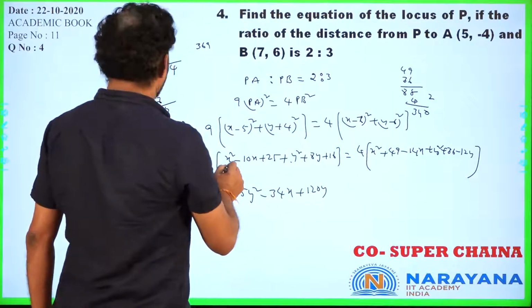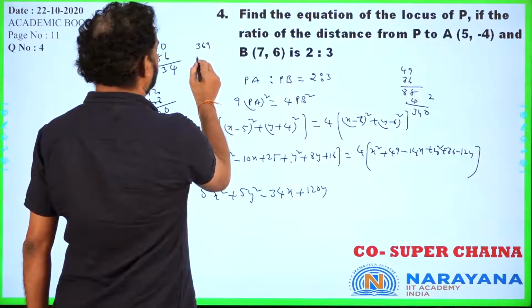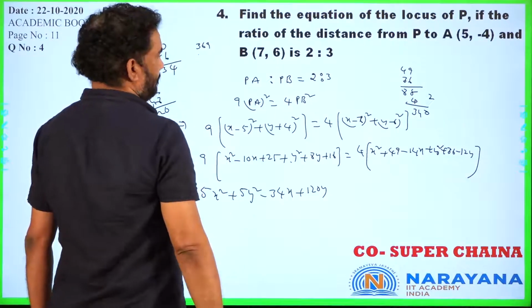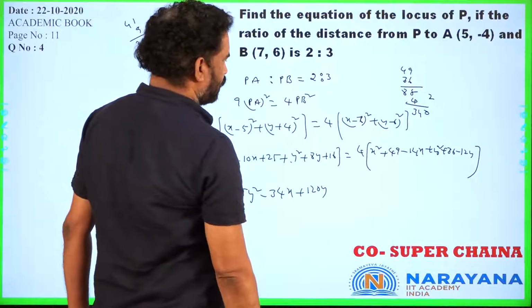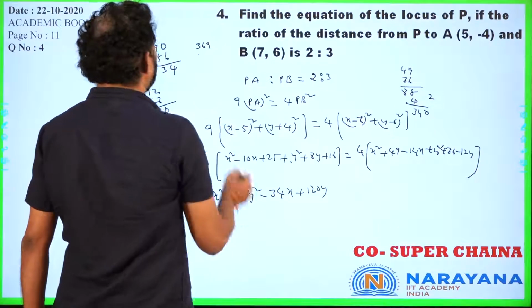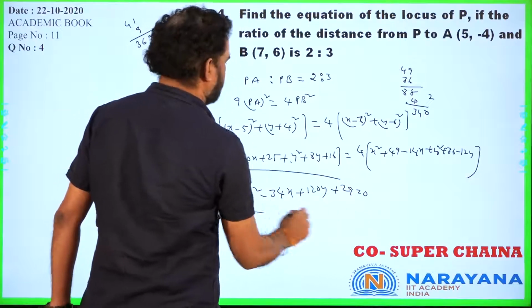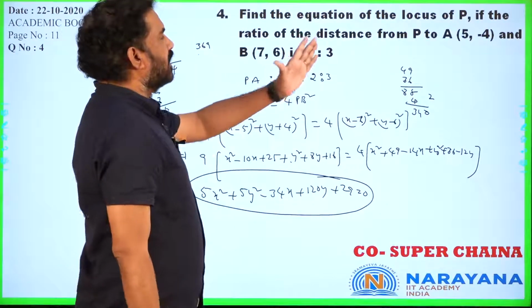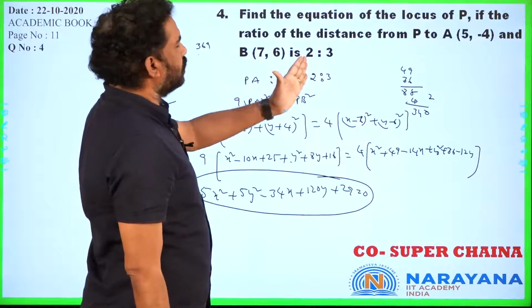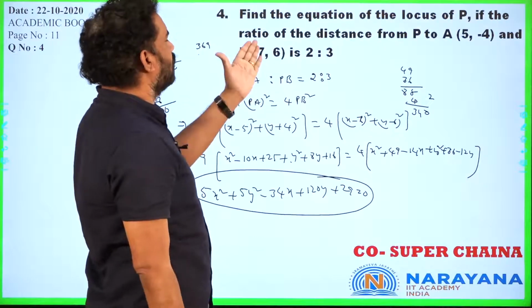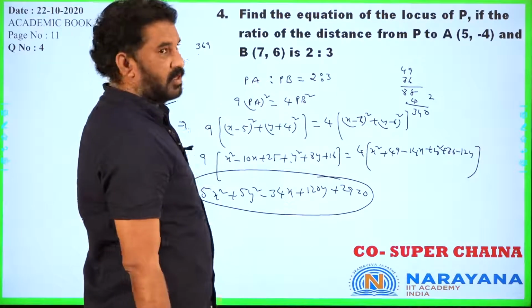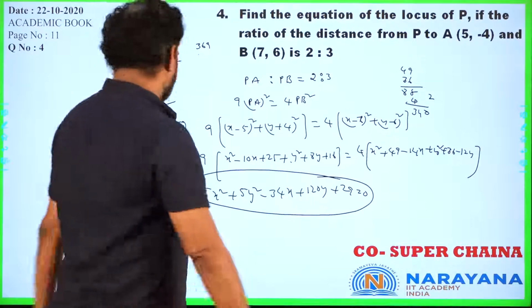So 369 minus 340, that is 29 something. Whatever it is, this is the process. Okay, like this. So what they have given, the ratio is 2 is to 3. So PA by PB equals 2 by 3. So by making whole square, we will get the answer.